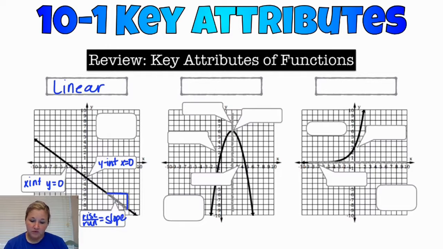And then for the second, the middle graph, we have a quadratic. So this is a quadratic function. The shape of this makes a parabola. So just a couple of key attributes there. Remember, I'm going to have that very top or bottom point as a vertex. Normally, we refer to that as a maximum or a minimum.